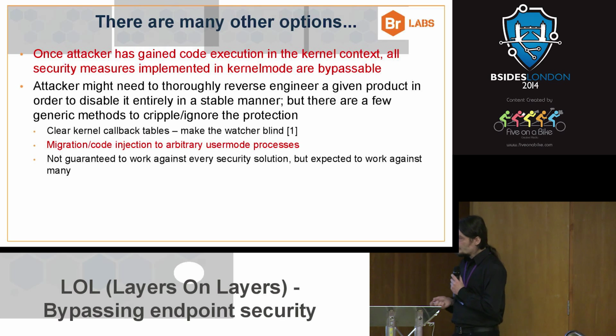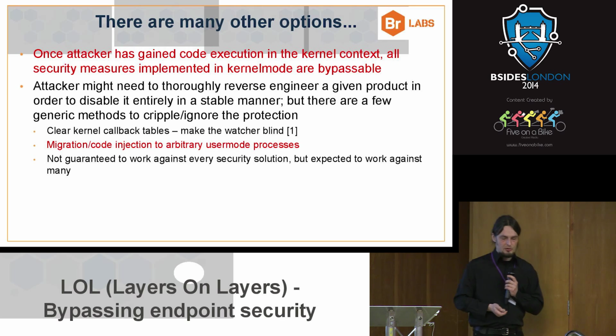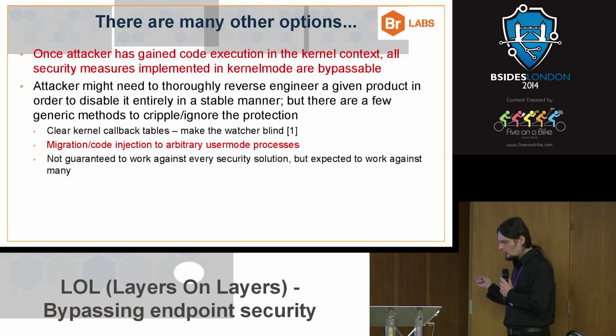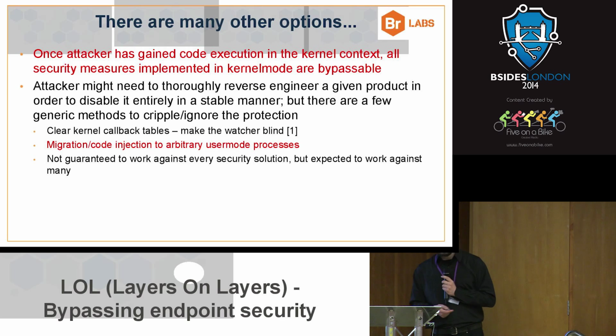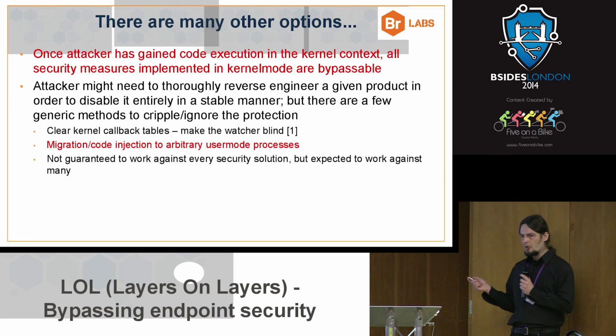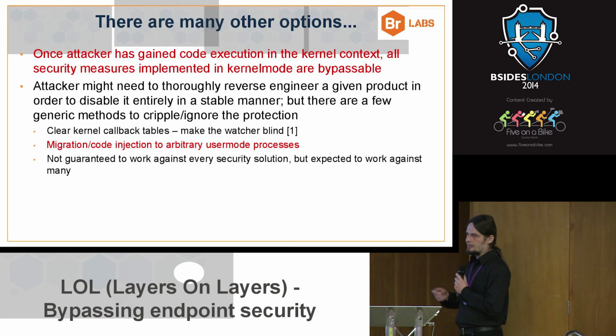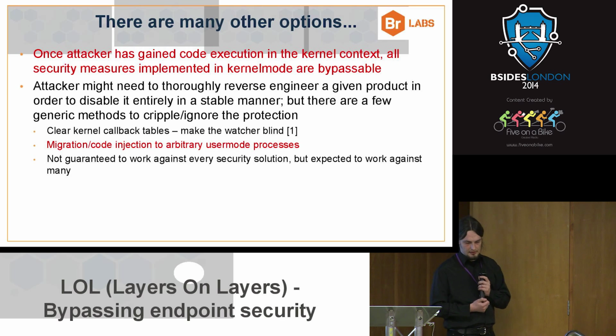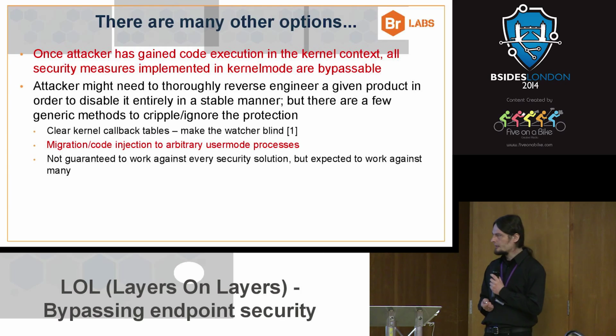Another generic technique is migration or code injection into arbitrary user mode processes. Again, we're not trying to totally wipe out a given security solution from the system. Instead, what we'll try to achieve is to get control over each and every user mode process, which is again good enough. It usually means you have full access to the system.